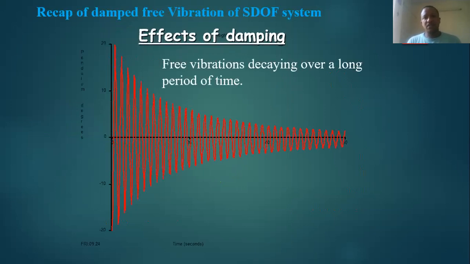So this is the underdamped vibration case. In the case of underdamped vibration, free vibration decays over a long period of time. This is the logarithmic decay of amplitude during the underdamped vibration case.